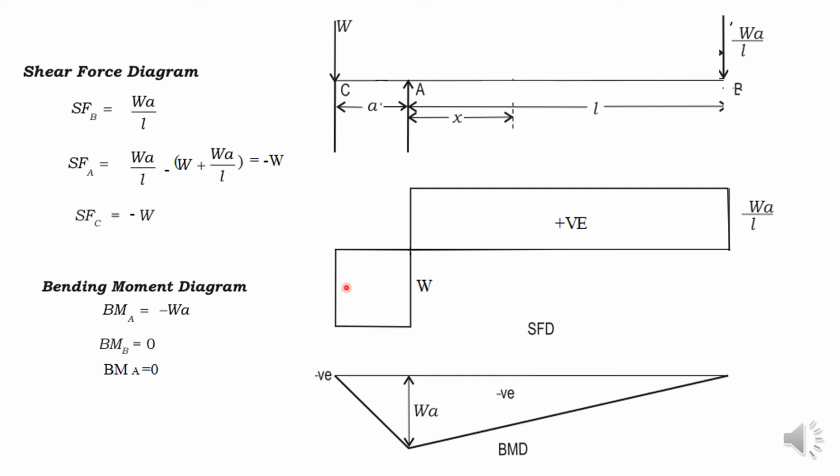At C there is a positive W, so minus W plus W is 0 at point C, considering the left hand side of C. So this is the shear force diagram of this overhanging beam.